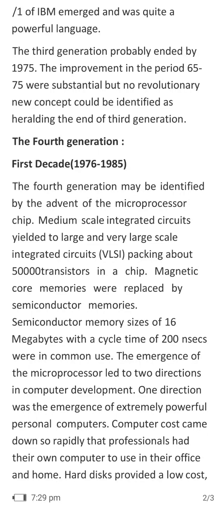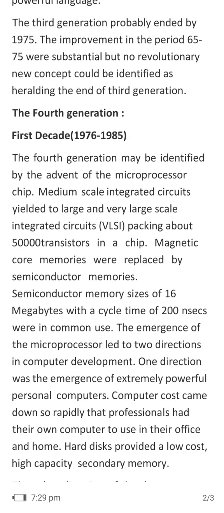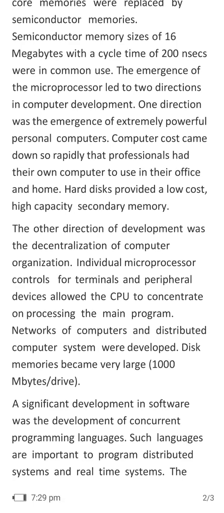The emergence of the microprocessor led to two directions in computer development. One direction was the emergence of extremely powerful personal computers, and computer cost came down so rapidly that professionals had their own computer to use in their office and home. Hard disks provide a low cost, high capacity secondary memory.